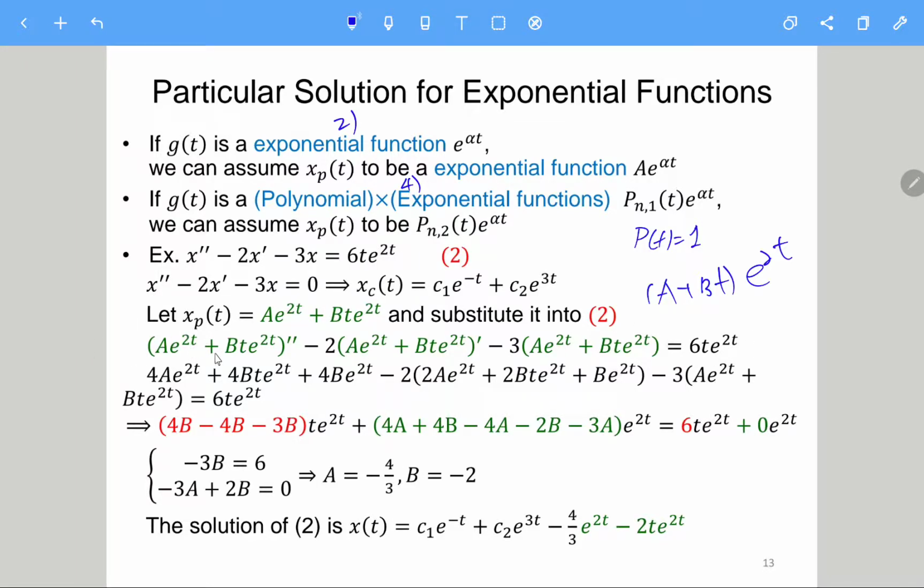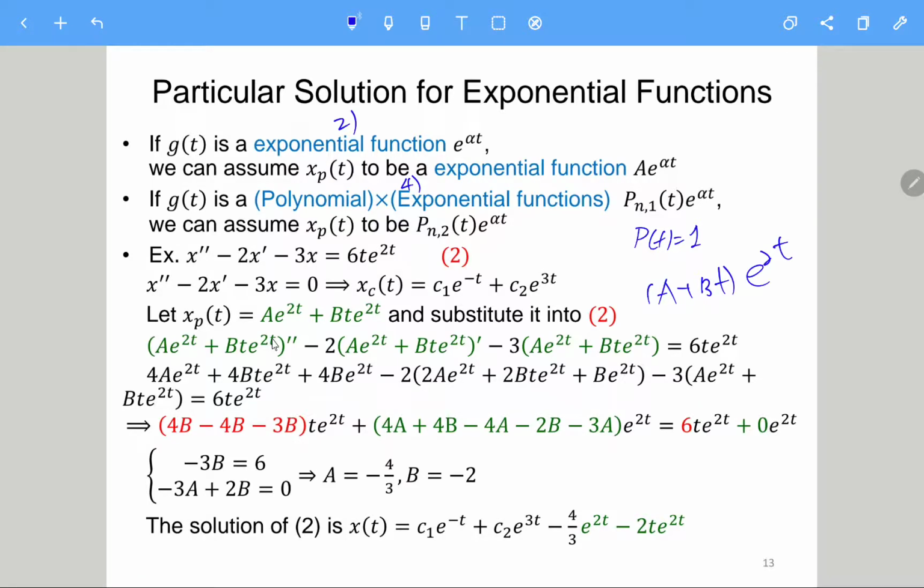Now we can expand it. So we have the double prime. For this term, it is 4a times exponential to 2t. The double prime of the other term will be a bit more complicated. The second derivative of the first part will be 0.